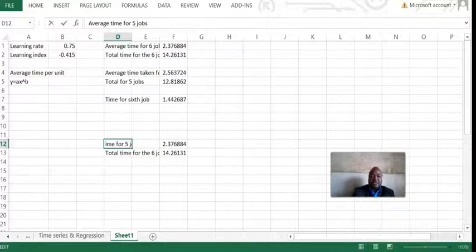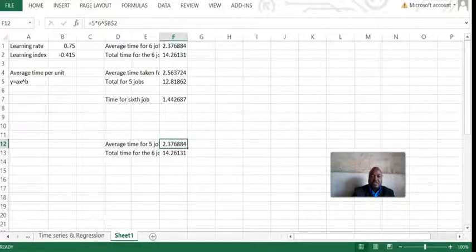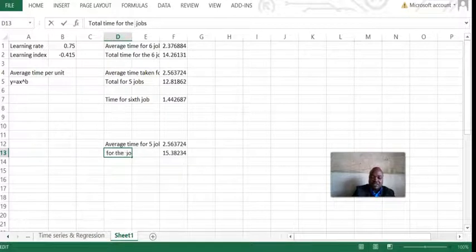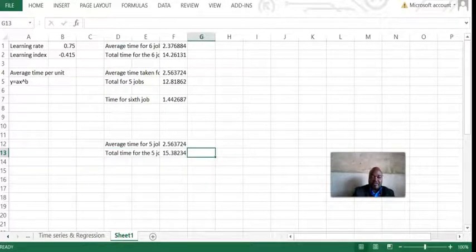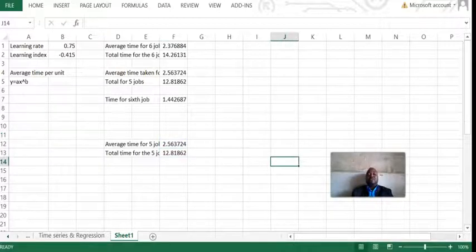Right now we want to determine for the 5, so we remove the 6 and put the 5, and you can see that our formula is working properly. Right here again, we edit, remove the 6, replace it with a 5. Here again, remove the 6. Super. That's what we should have done.